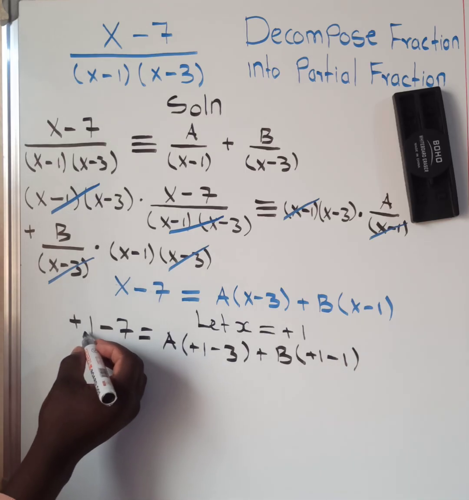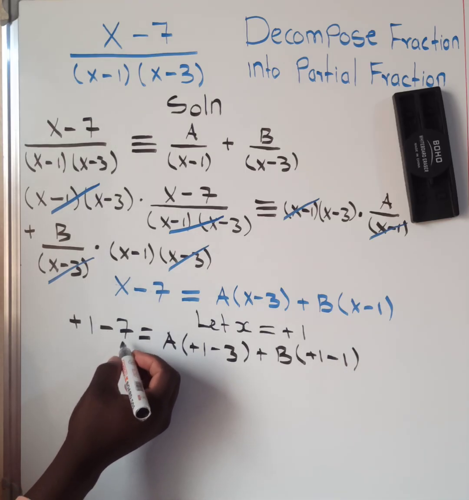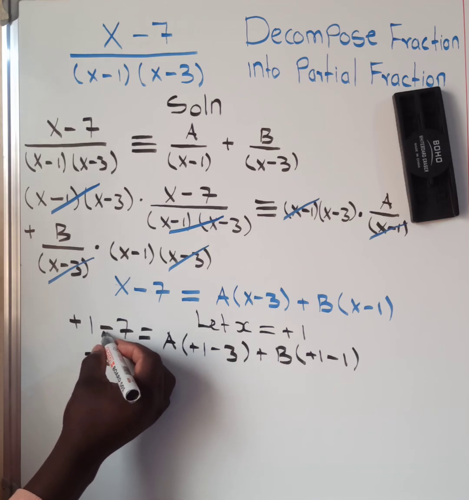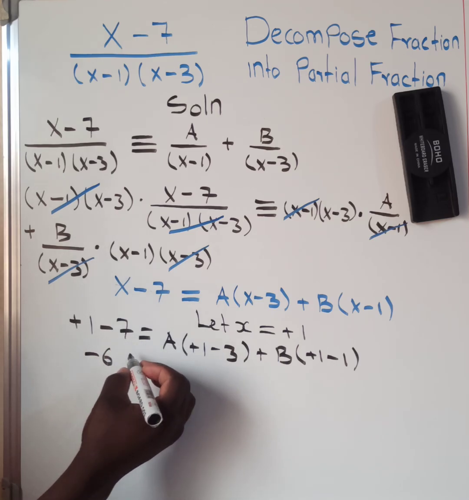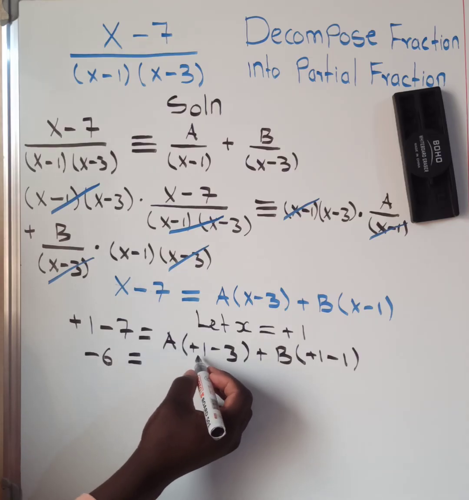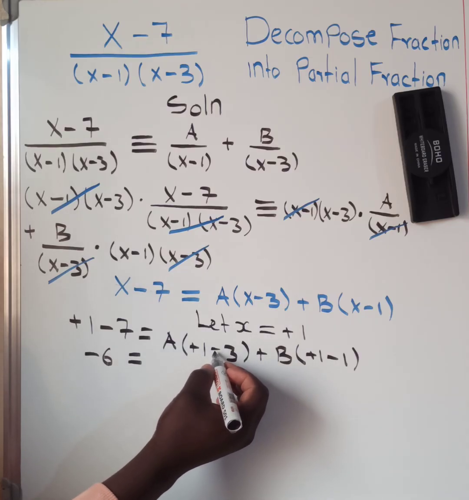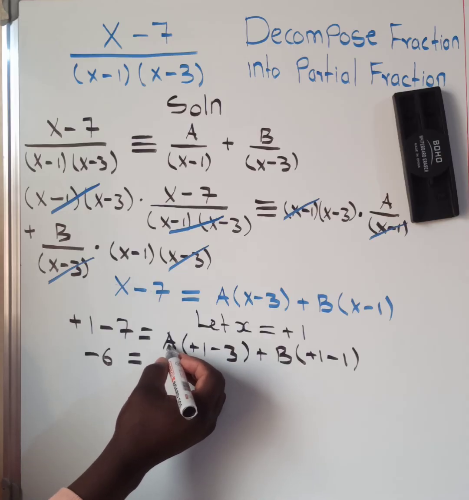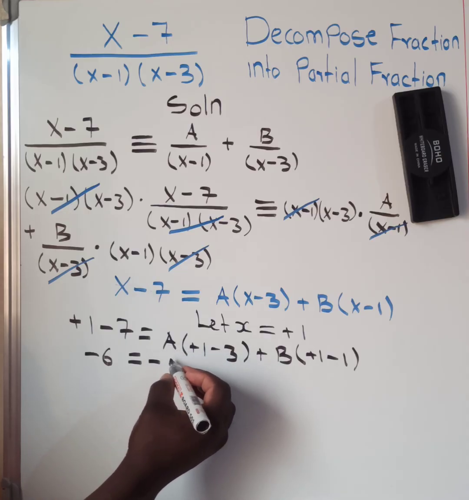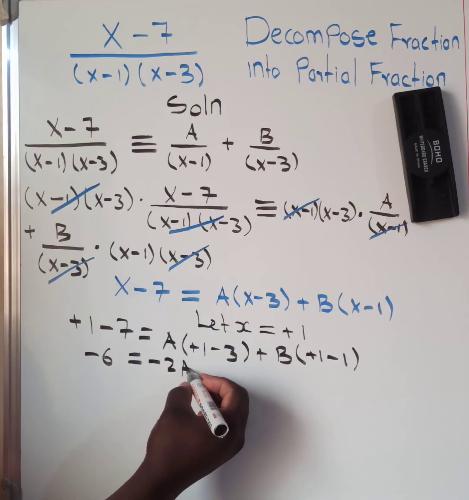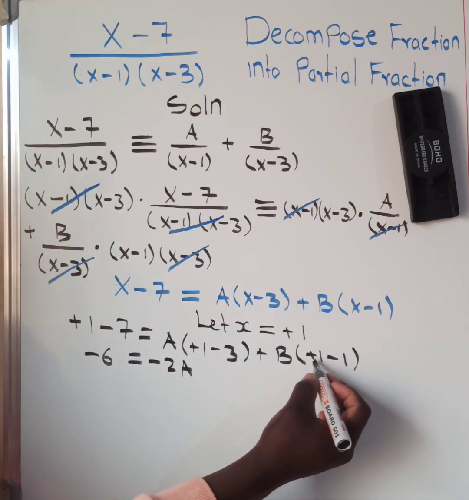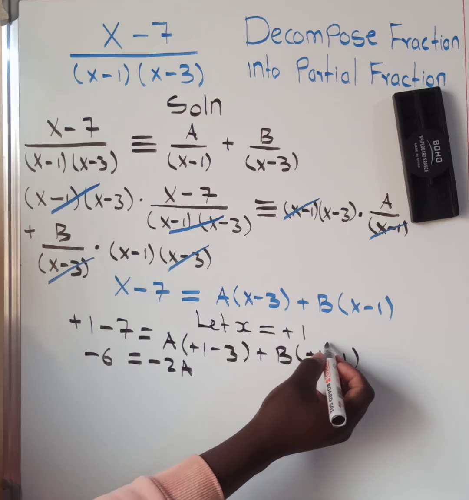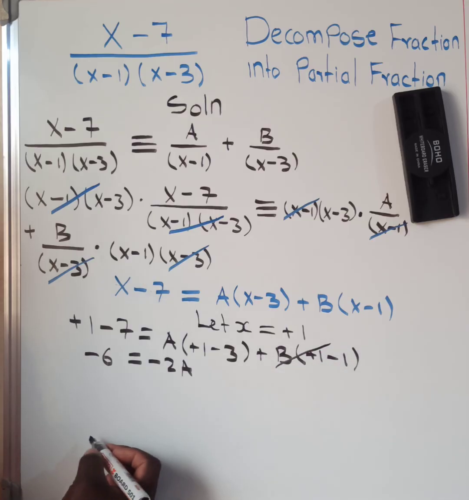Now 1 minus 7 is going to give me negative 6, then equal. I have here 1 minus 3, which is going to give me negative 2. Negative 2 times A is going to give me negative 2A, right? And here I have 1 minus 1 is 0. 0 times B is the same as 0. So we just cancel it like this.